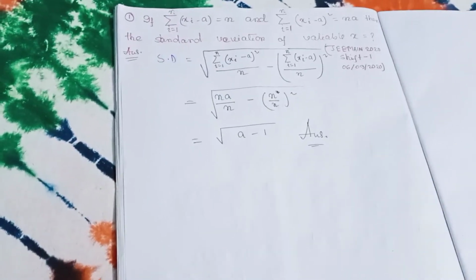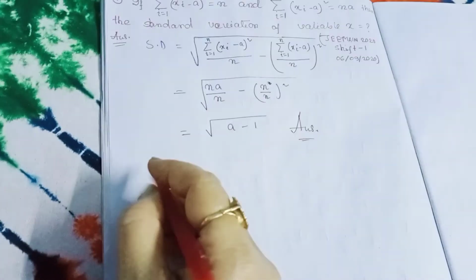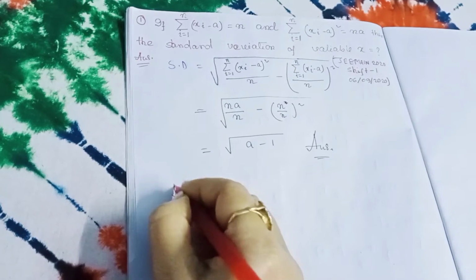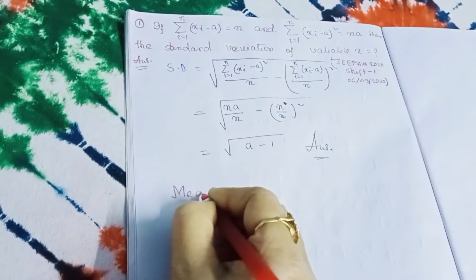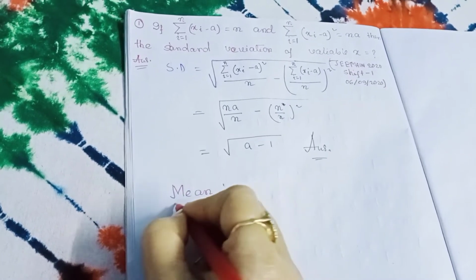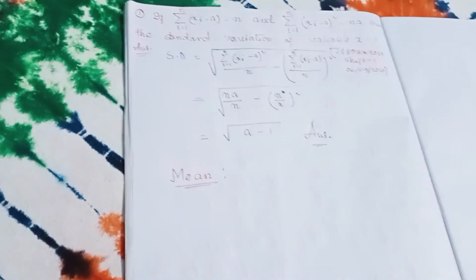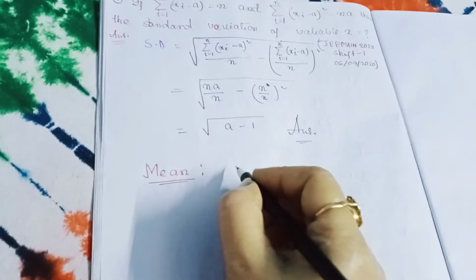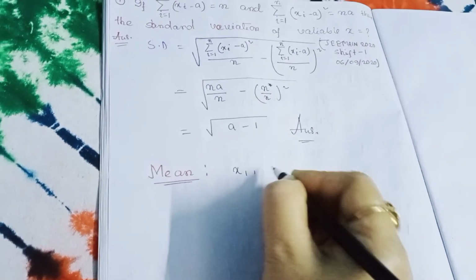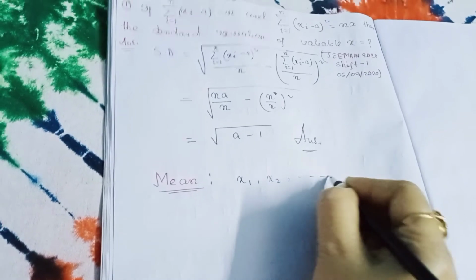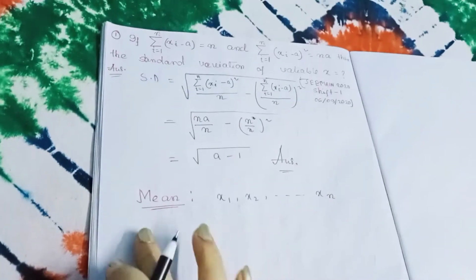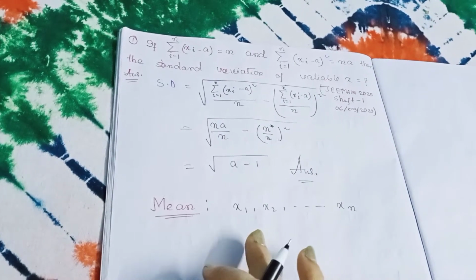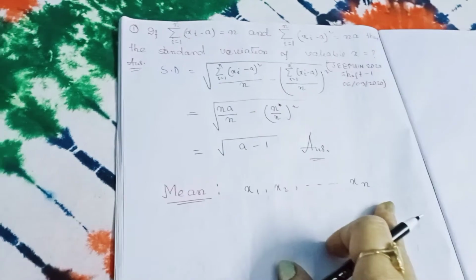Now some information about statistics. At first, when we study statistics, the first term in our book is mean. So what is the mean? Let's try to understand. Suppose x1, x2, dot dot dot up to xn are some observations.